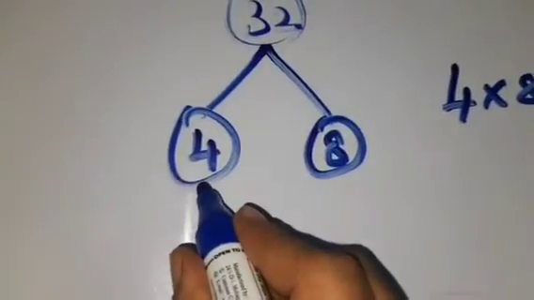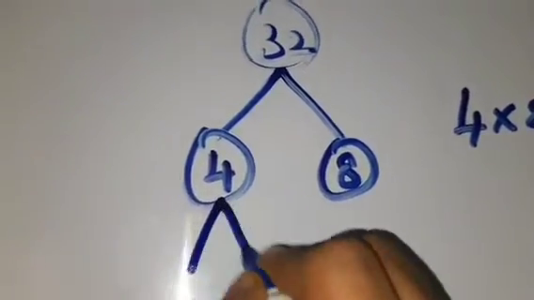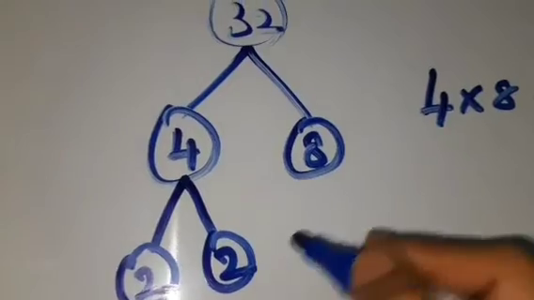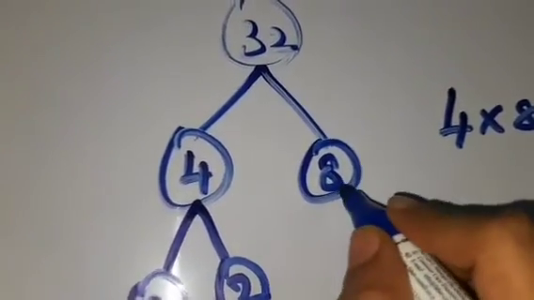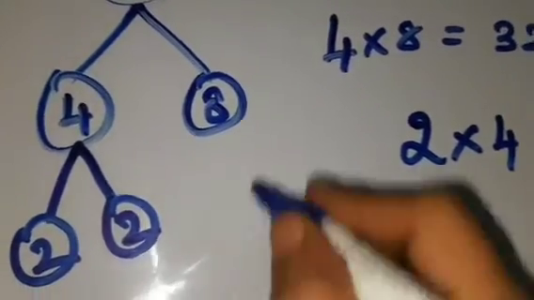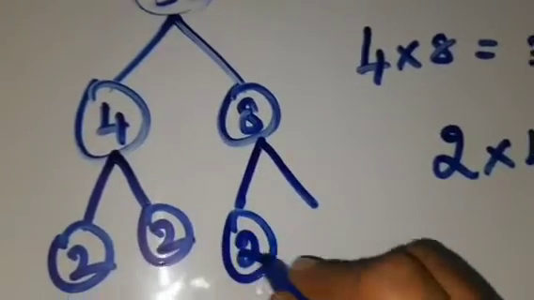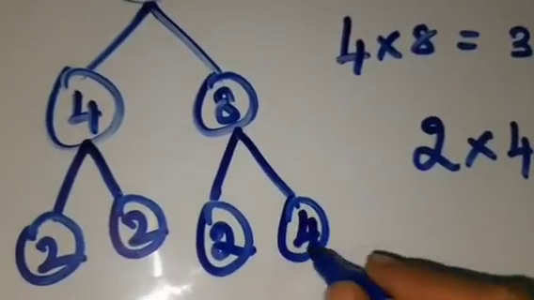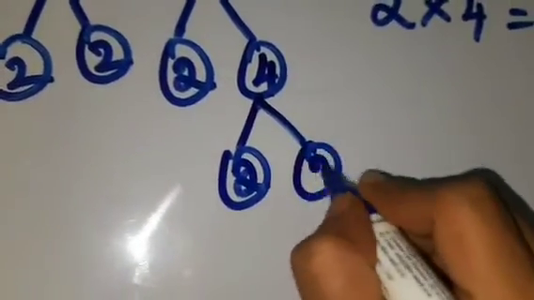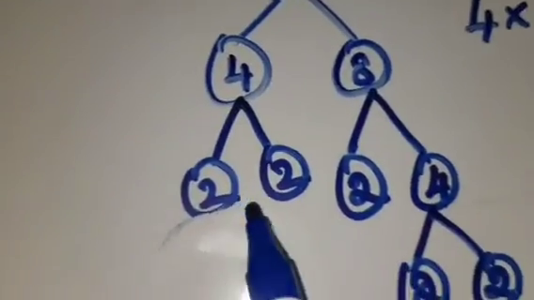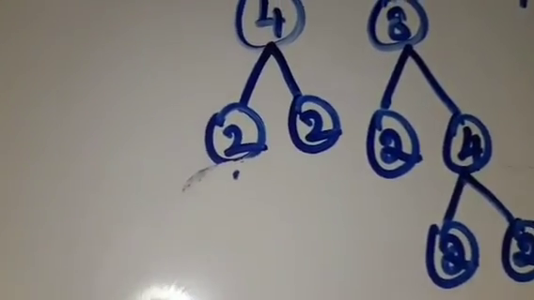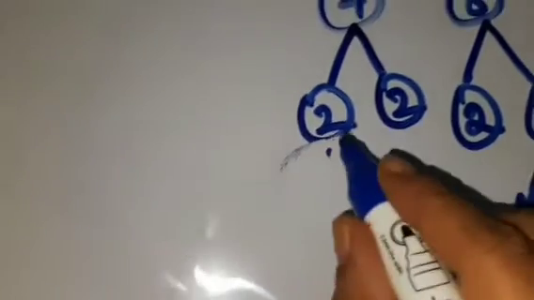In which table does the 4 come? Yes, 2 multiplied with 2 will give 4. This 8, 2 multiplied with 4 is 8. So 2 multiplied with 4. Again this 4 is 2 multiplied with 2.